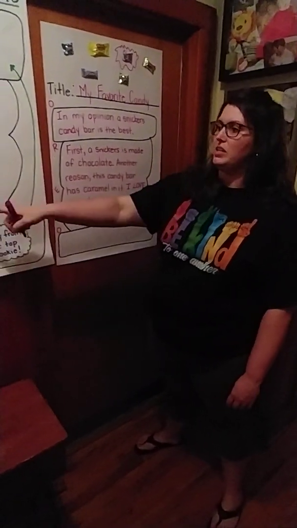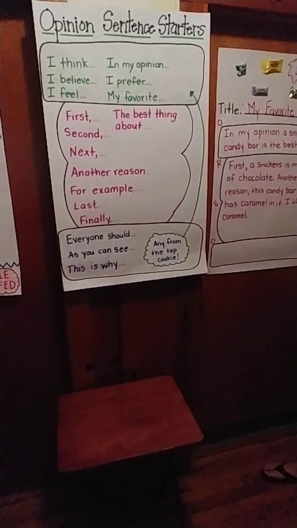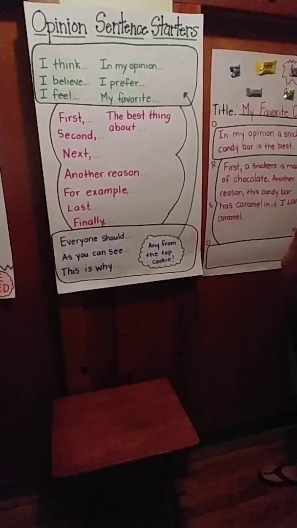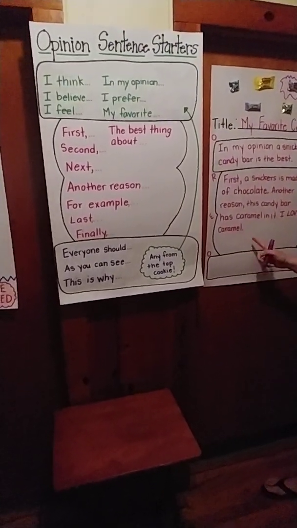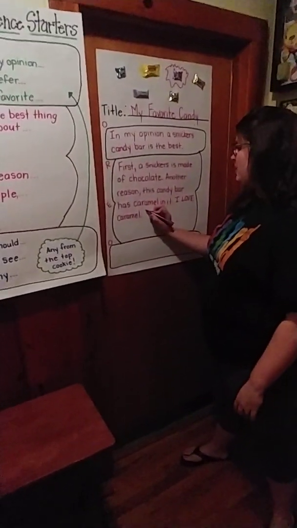Now I could give other reasons. Let's say I'm going to say finally, like if this is the last one that I'm going to give, or I could say the best thing, like if I save the best thing for last, I could say the best thing about a Snickers bar. But I think I'm going to use the word finally.